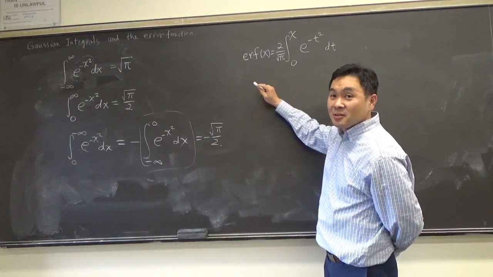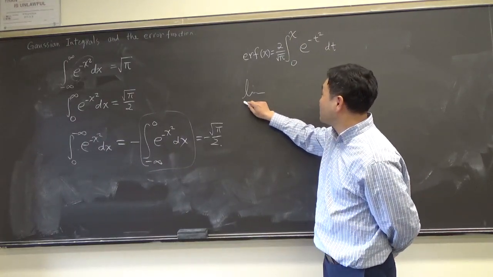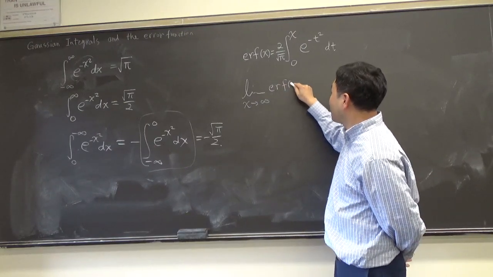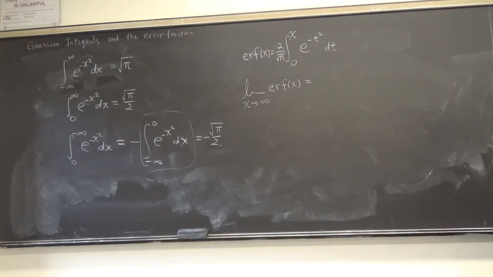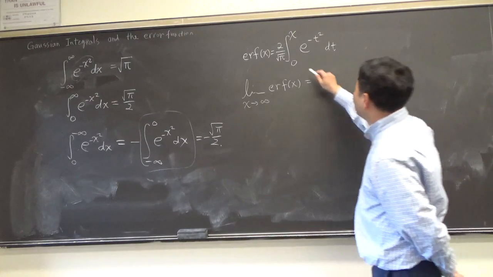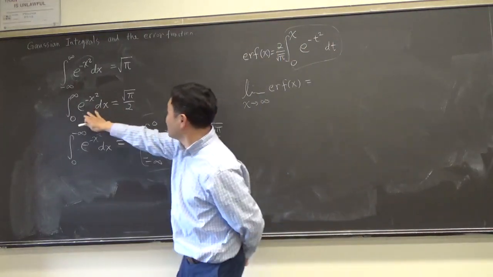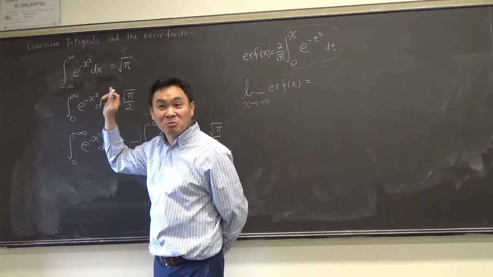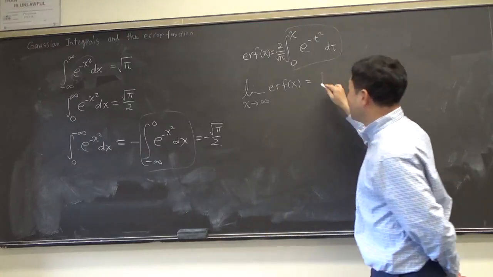So tell me what the limit of x going to infinity of erf of x would be. 1. Yes, because I've just shown you that when x is infinity, this is radical pi over 2. So 2 over radical pi times radical pi over 2, they cancel each other, so you get 1.